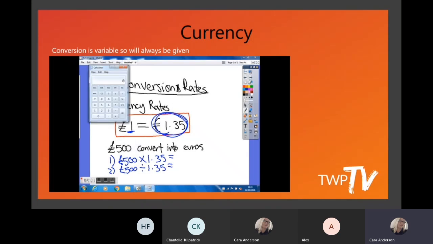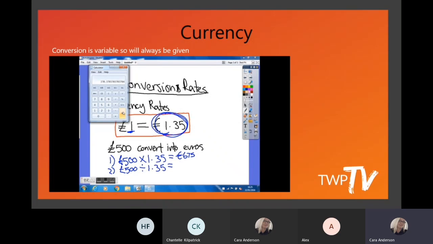For the top one, if we get the calculator up, that's 500 times 1.35, so we get 675 exactly. That'll be 675 euros, because we've been going from pounds to euros. Then for the bottom one, 500 divided by 1.35.